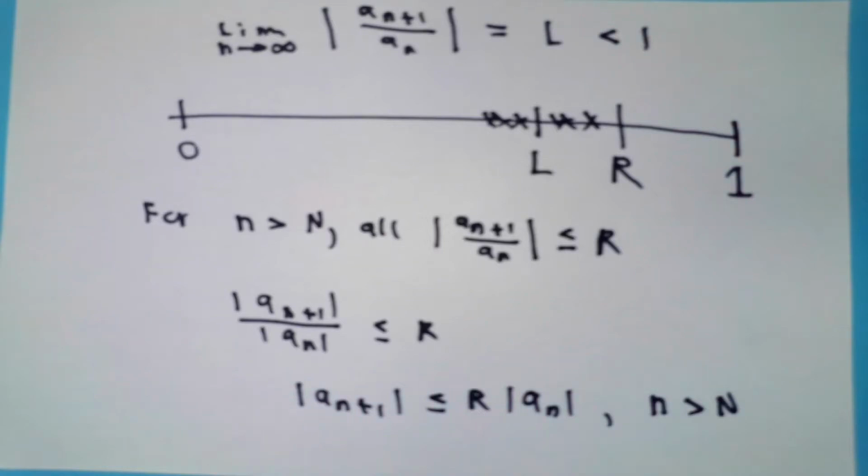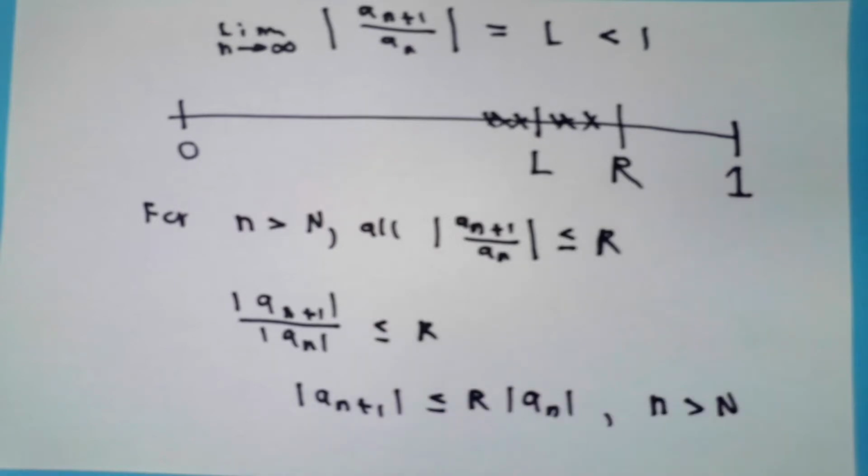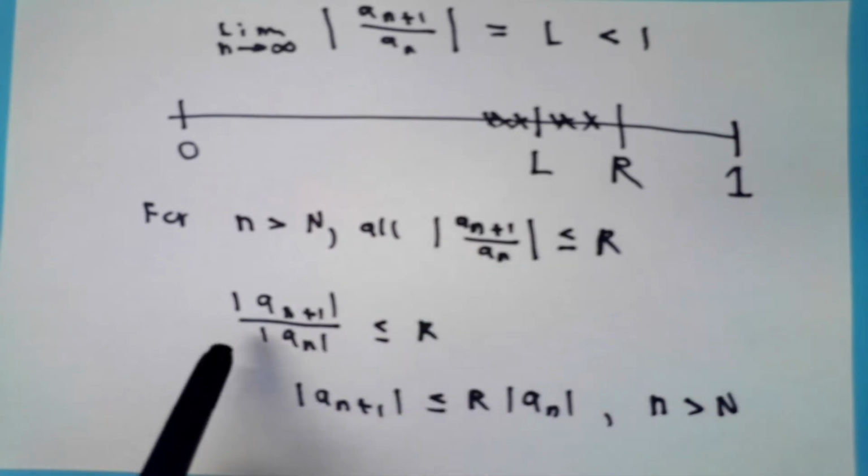Beyond a certain index, all of the absolute values of a_(n+1) over a_n have to be close to L. In particular, beyond a certain index, those quantities have to be closer to L than R is, which tells you beyond a certain index, this must be true, so that this must be true, and that this must be true.